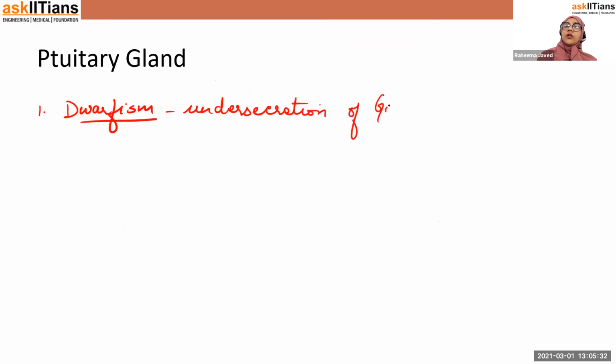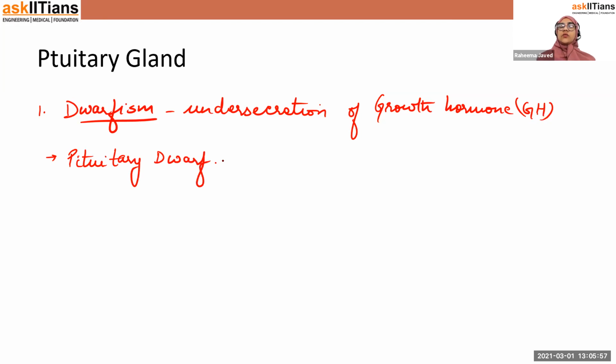Undersecretion of growth hormone, GH. Here the development of the body, especially the growth of the bones, stops prematurely, and this results in a pituitary dwarf. Such people are known as pituitary dwarfs because this is due to the growth hormone secreted from the pituitary gland.